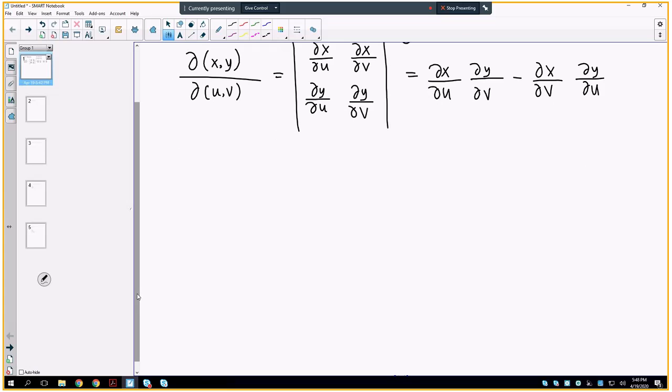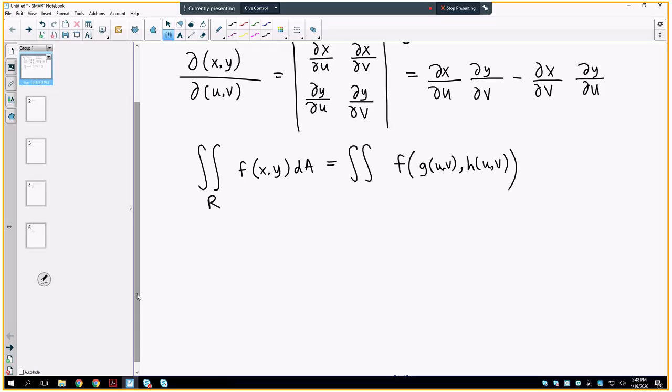And so what we're going to say is that if we were integrating over a region in the xy plane, a function of x and y with respect to the area, then we can rewrite that where f is a function of x and y, which are functions of u and v, we'll multiply by the absolute value of this term, the Jacobian, and then integrate with respect to u and v.